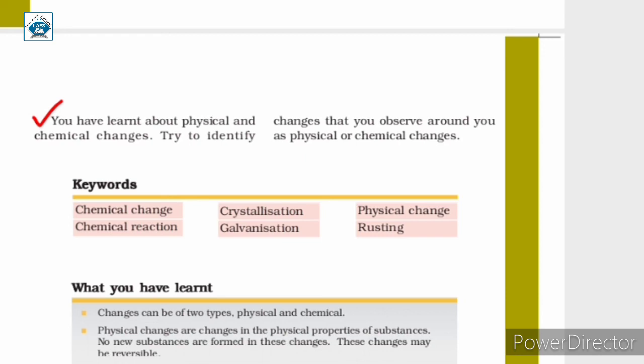Physical changes are changes in which there is a change in shape, size or state of the substance. So physical change is a change in which there is a change in physical properties of a substance. On the other hand, what is chemical change? During a chemical change, new substances are formed. So now we have learned about them and we can distinguish between them.